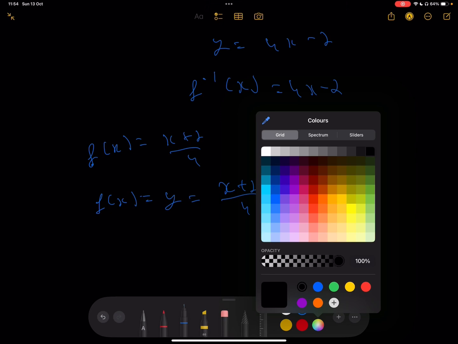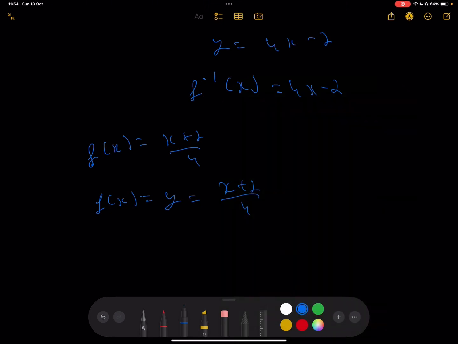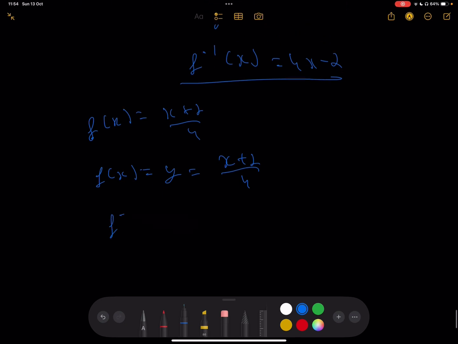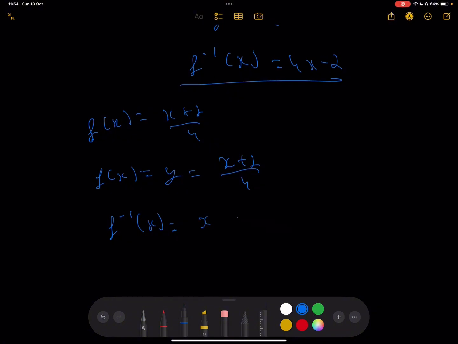And we also have an expression for the inverse function of f of x, which is this right here. So we know that for the inverse function, x is equal to (y plus 2) over 4.